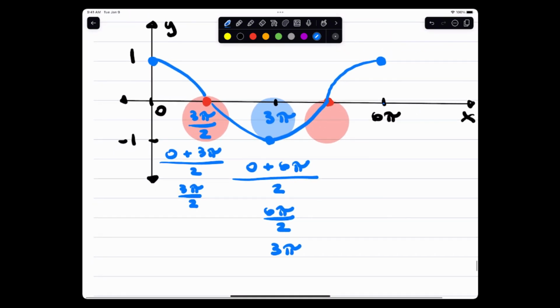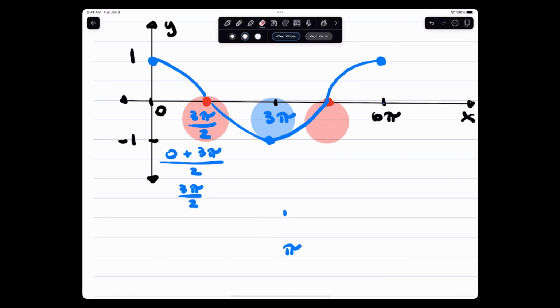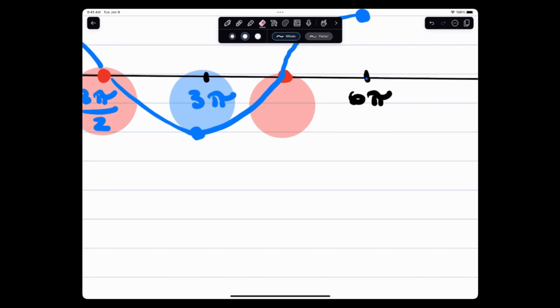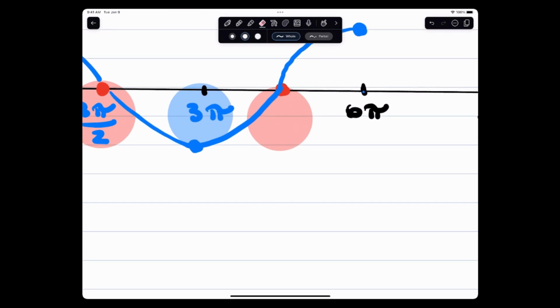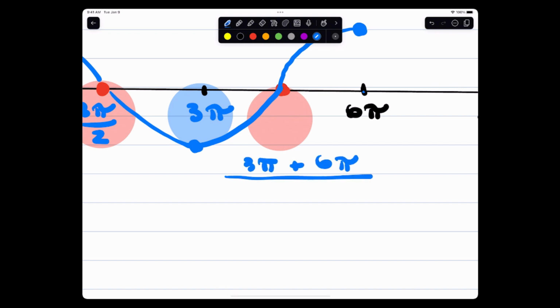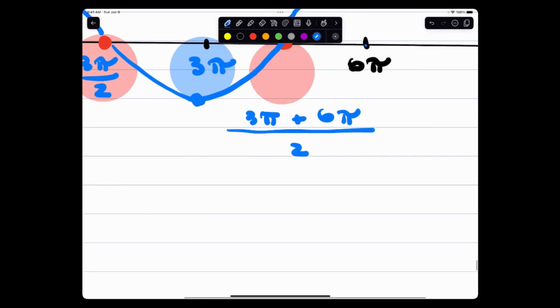Let me erase some of this here for you. The hard one for people probably is right over here. What is 3 pi plus 6 pi? Right? 3 pi plus 6 pi divided by 2. What's that going to give you? 9 pi over 2.